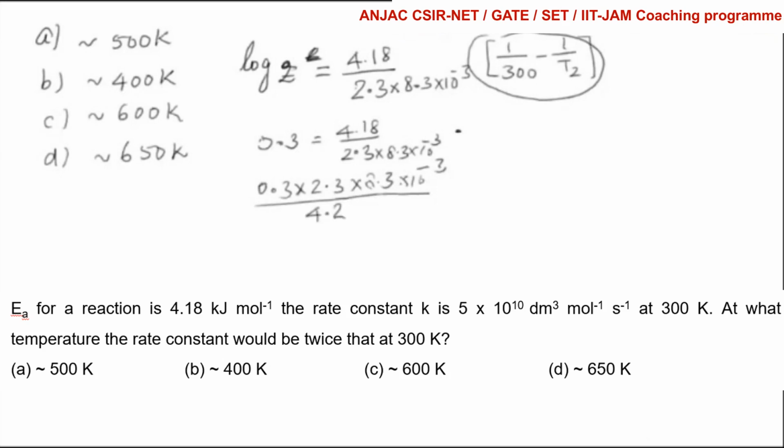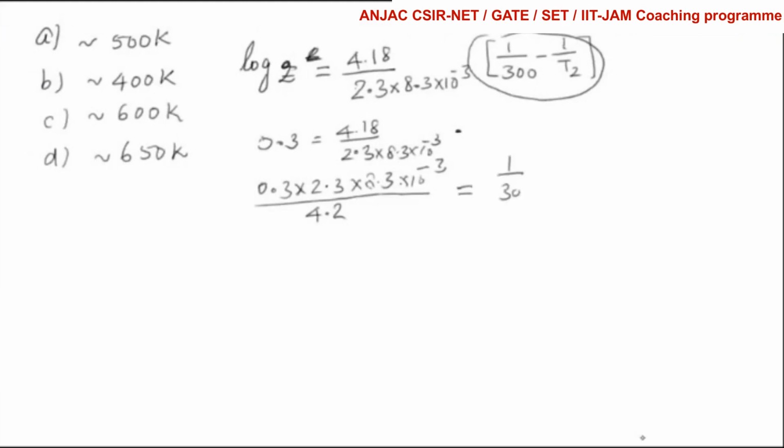Why you are using 4.2? You know this. That is equal to 1 by 300 minus 1 by T2. Okay, this is the one. Now find out the value for this. How much is this one?